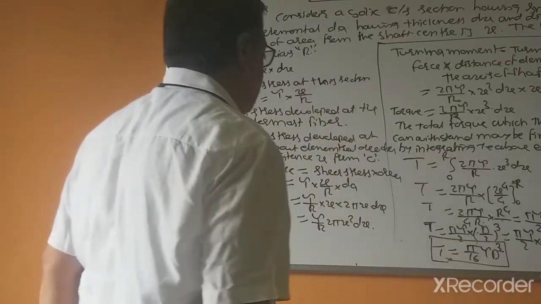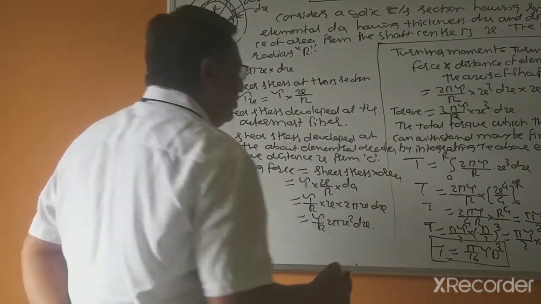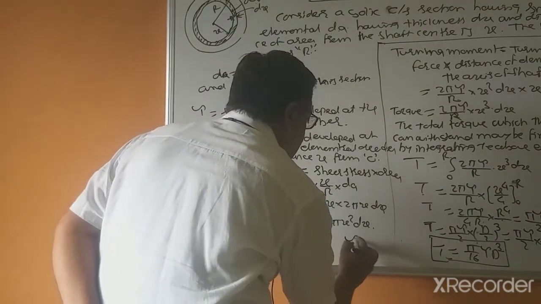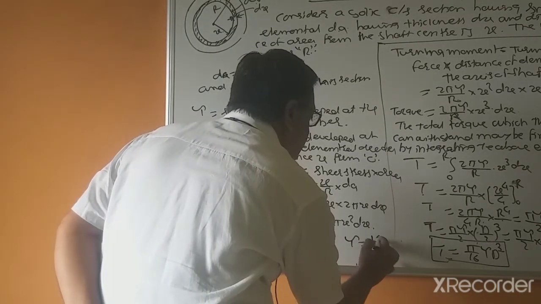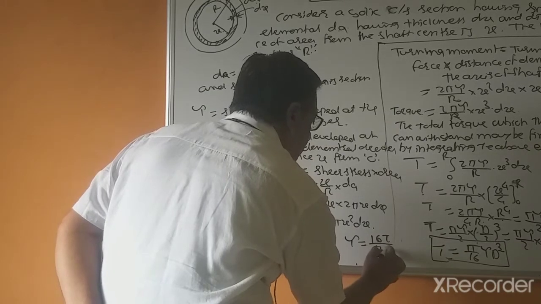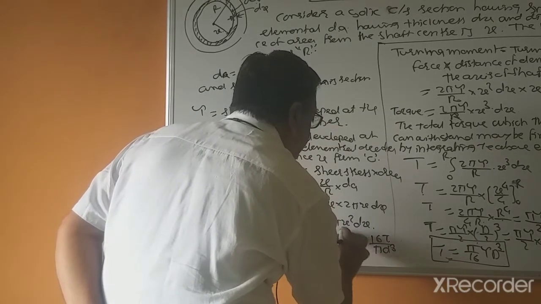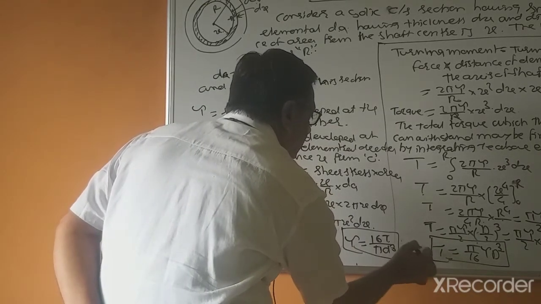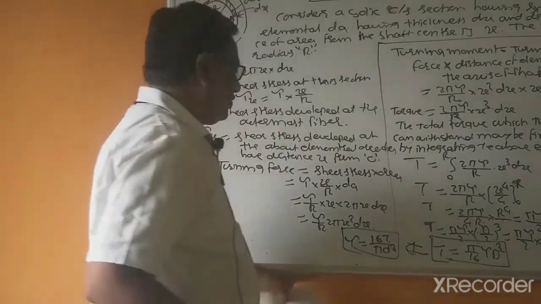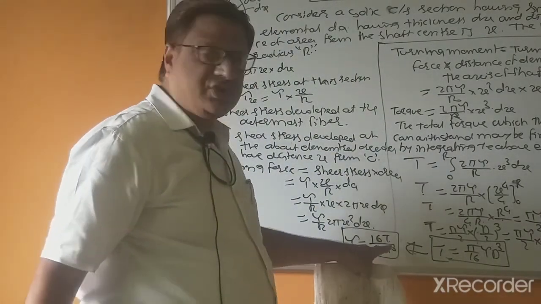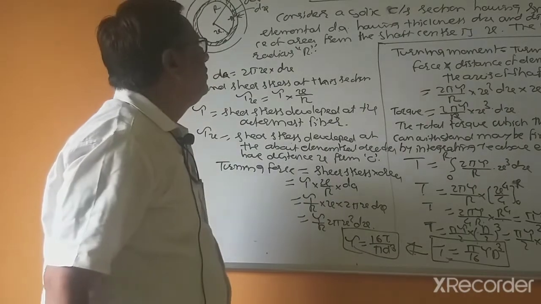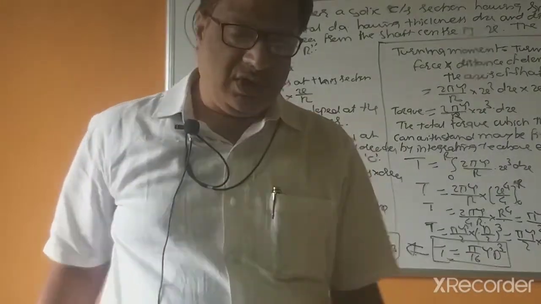Or the same you can write tau equals 16T divided by pi D cube. This is the popular relation, and this is the strength of the solid shaft.